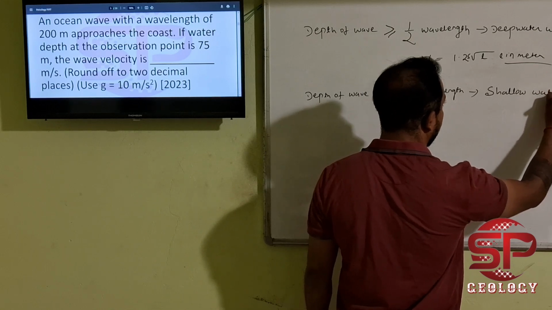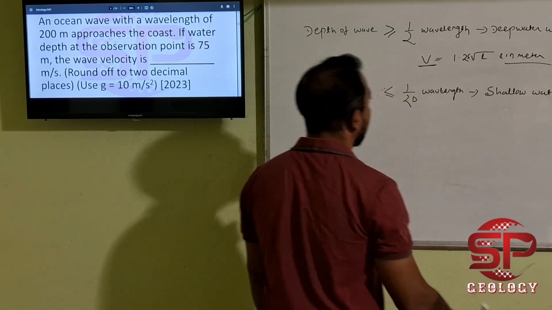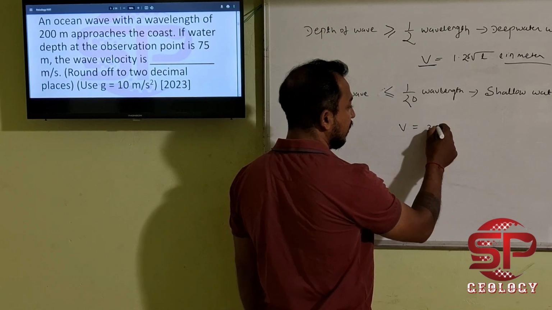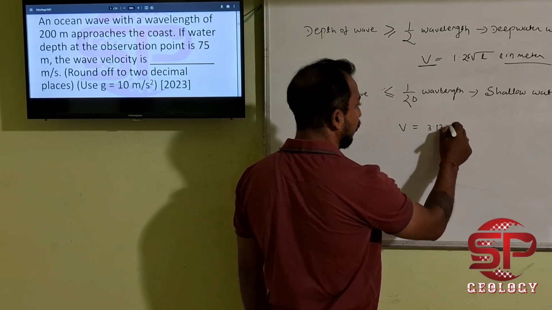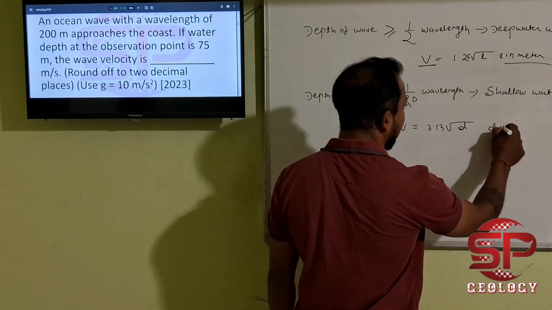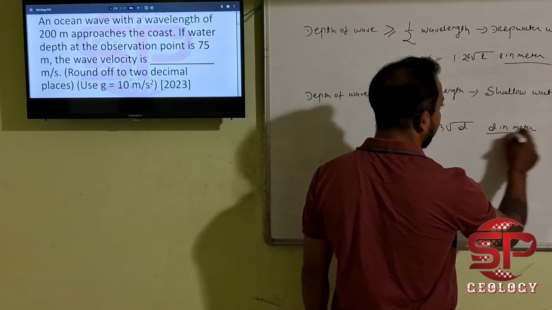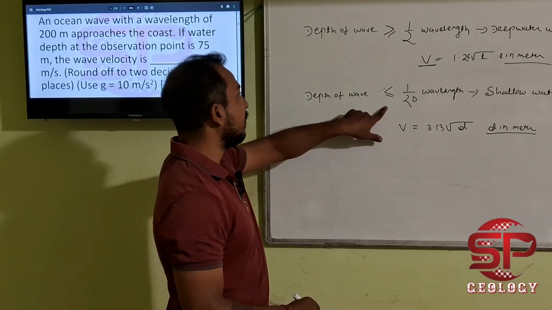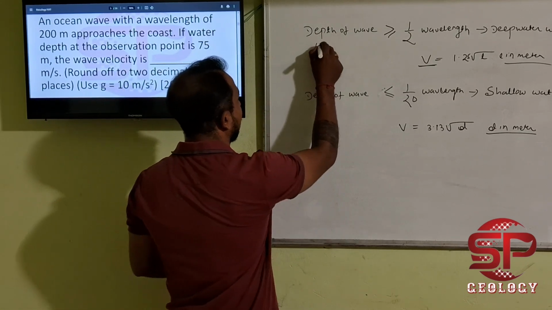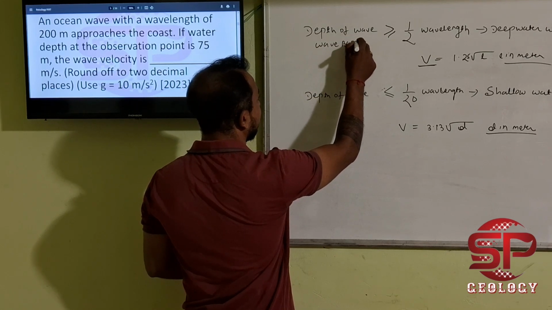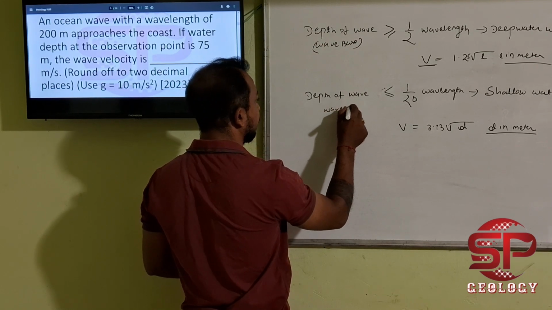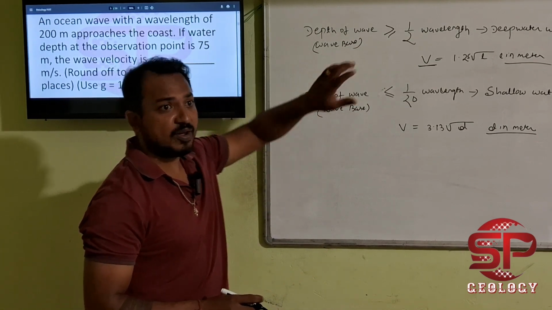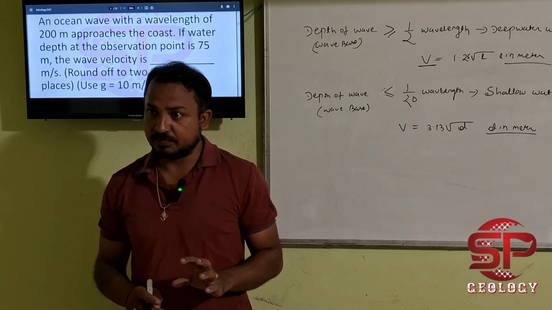Here the velocity is equal to 3.13 root over of depth, where d is in meters. In between these two, this is called the wave base, and for values between 1/2 and 1/20, it will be a transitional wave.